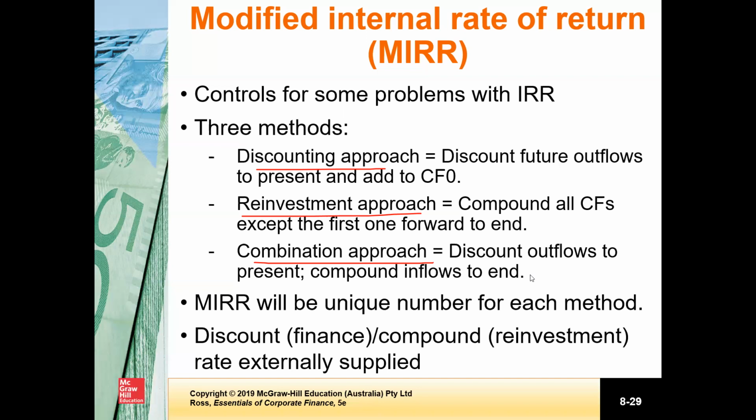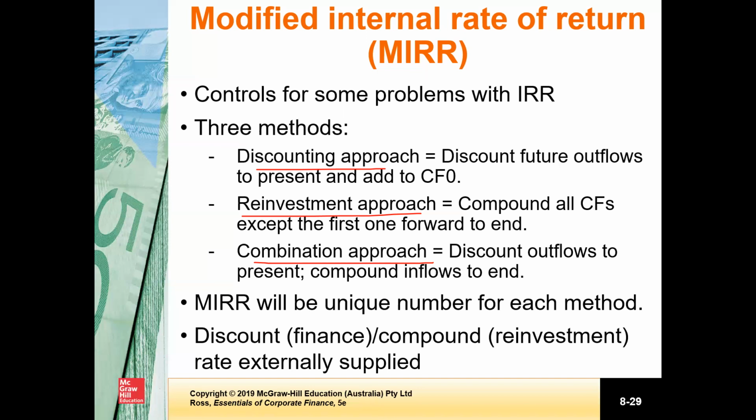So in case of this non-conventional cash flow, if there is any negative cash flow, then all these negative cash flows are discounted back to time zero and they are added with the initial investment. Okay, and then as usual, the IRR is calculated. Because only the first modified cash flow is negative, there will be only one IRR. The discount rate used might be the required rate of return, or it might be some other externally supplied rate. Okay.